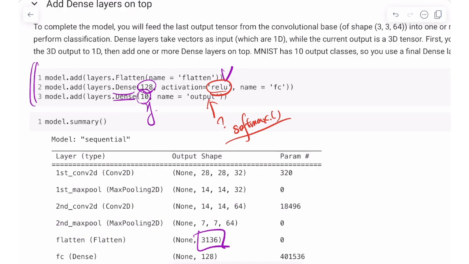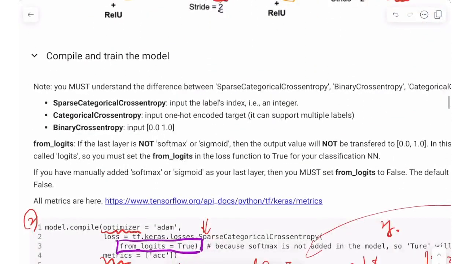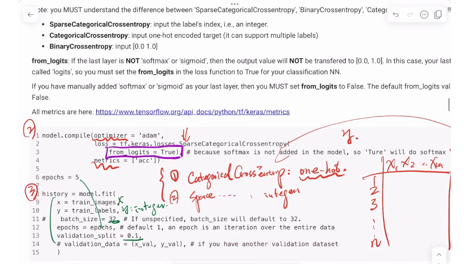That is because there is a very important thing right here. In the loss function, there is a parameter called from_logits.